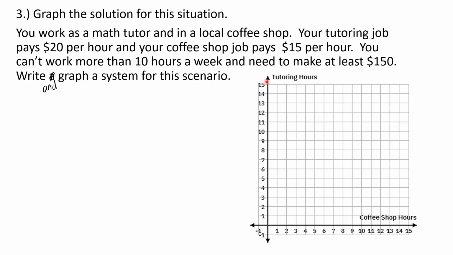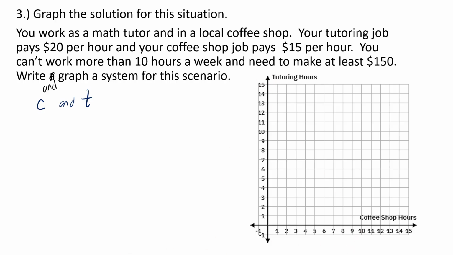So we've got tutoring hours and coffee shop hours, okay? And we can represent these with C and T for coffee shop hours and tutoring hours. Just keep in mind that we're putting C on the x-axis. So we have coffee shop hours on the x and tutoring on the y-axis up here.